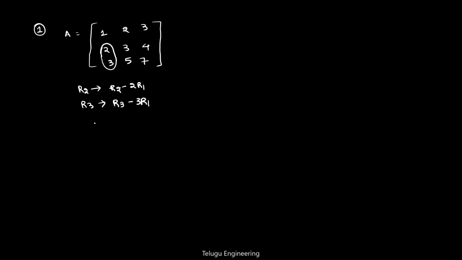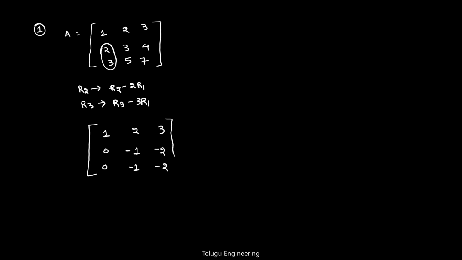The transformed matrix after these elementary transformations is 1 2 3, and these two elements become 0. R2 minus 2R1: 3 minus 6, is it correct? 3 minus 4, that is minus 1, and next 4 minus 6, that is minus 2, and here we get minus 1, and again here we get minus 2.